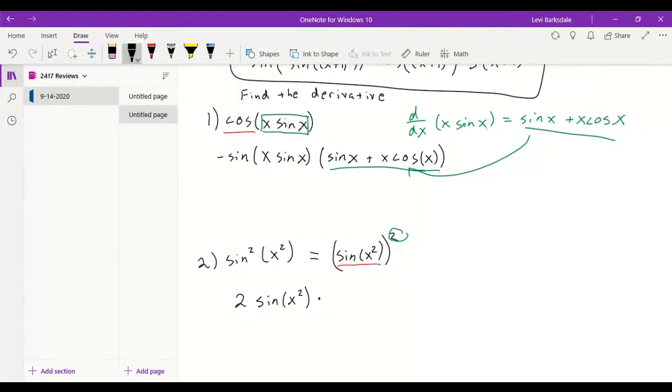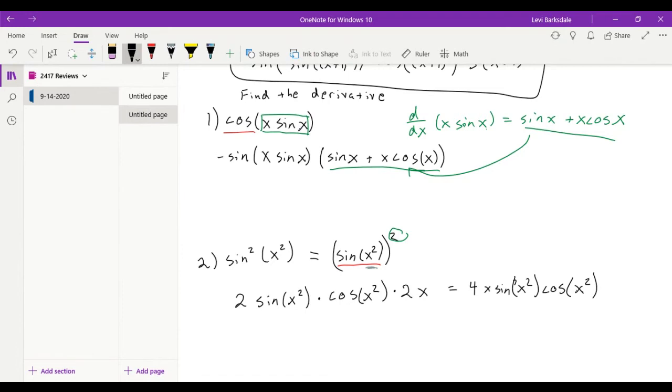So the derivative of sine x squared is going to be cosine of x squared. And now our new inside part becomes this x squared portion. So then we multiply by 2x. And that gives us 4x sine of x squared cosine of x squared.